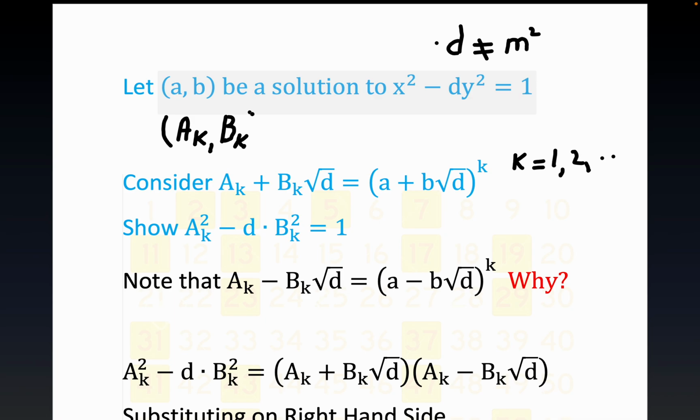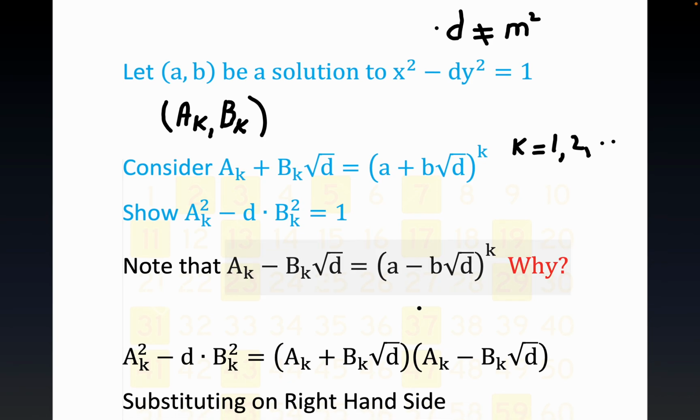Again, we're given little a comma b is a solution, and we're going to do some work here that shows that a sub k, b sub k is also a solution. Notice it fits this form right here. Now the hardest part for me was realizing that this was an important step right here.